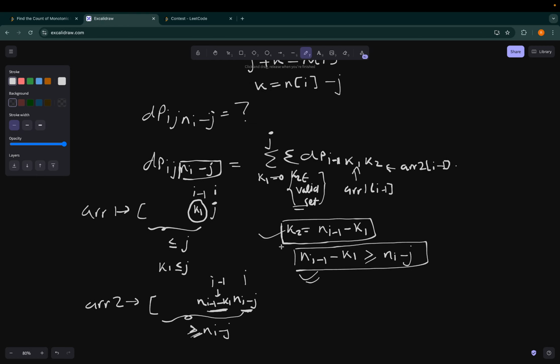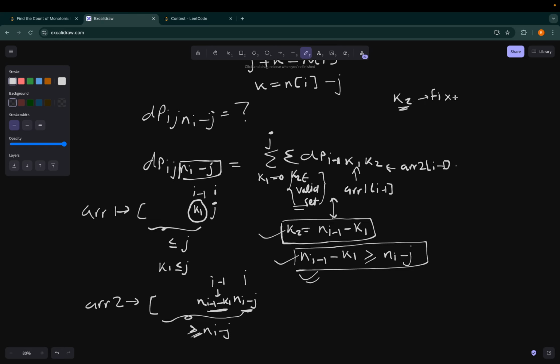So this is condition number 1, this is condition number 2, and your valid set will look like this, okay? And that's pretty much it. Complexity for this: since we are fixing k1, k2 is fixed, right?